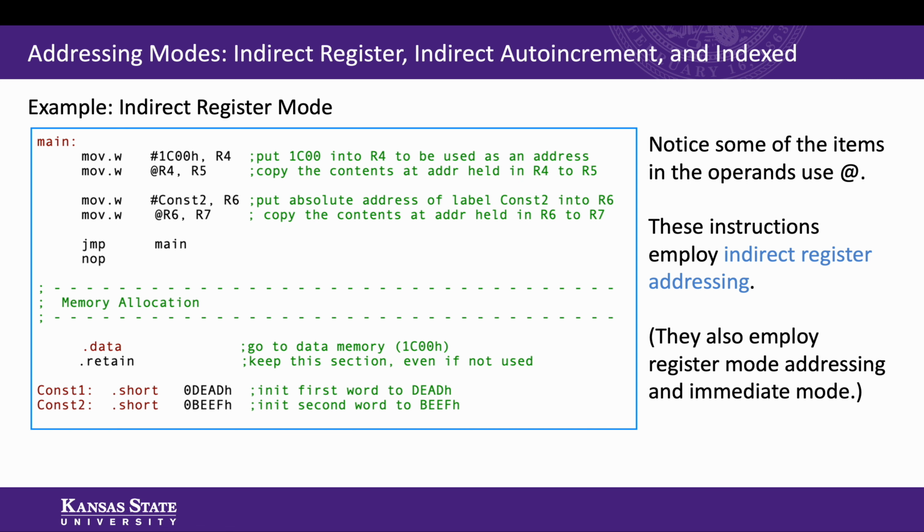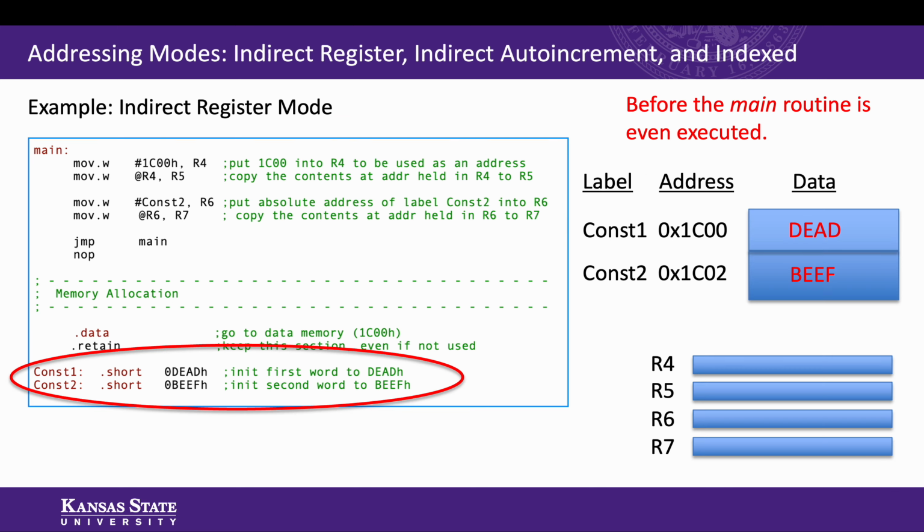But you'll see that they also employ register mode addressing, like R4 and R5, R6, R7. And they employ immediate mode addressing. You'll see the hashtags there as well, like in the first move instruction and the third move instruction. So again, you can mix and match, and part of my example here is to demonstrate the mixing and matching.